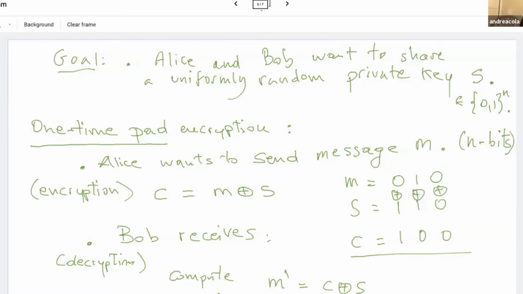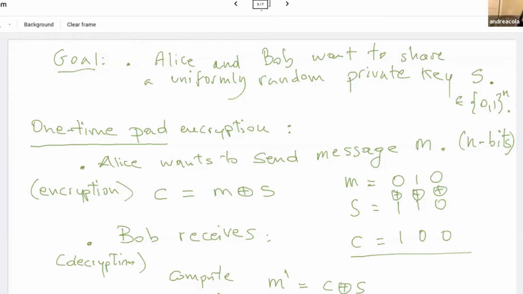You can always randomly guess what M is going to be, and you have 1 over 2 to the n, right? Your probability of guessing it right, if n is the length of the message string that you're sending. What I claim is that if I use this scheme, 1 over 2 to the n is actually the best that an adversary can do.